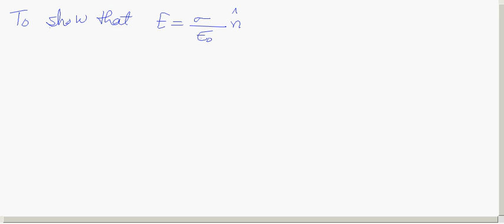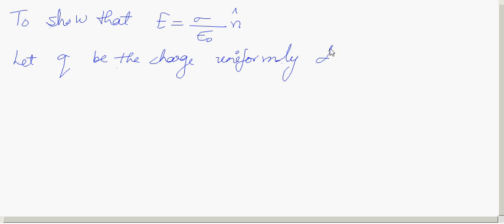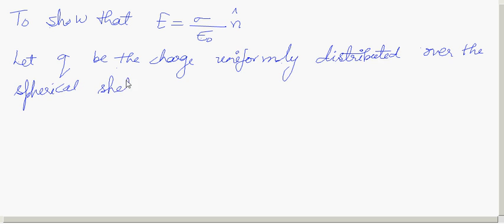So let us consider, let q be the charge uniformly distributed over the spherical shell of radius r.